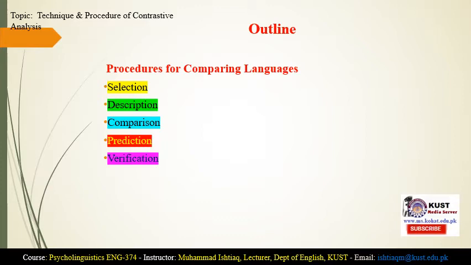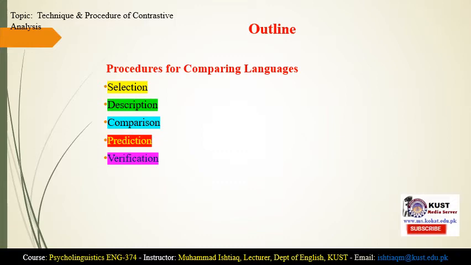When we have selected particular languages, when we have selected the systems between the two languages, we have described the two languages, then we have compared and contrasted the two languages, then we would be able to make predictions about how and where the two languages differ and at which levels the student can have major difficulties, and at which levels the student can have advantages. Means where students would have less difficulties or no difficulties at all.